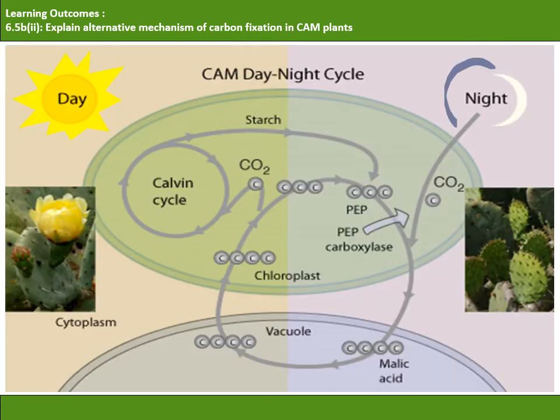So during the night, CAM plants open the stomata. Carbon dioxide will enter and combine with the PEP to form oxaloacetate, OAA, and this process is catalyzed by PEP carboxylase.